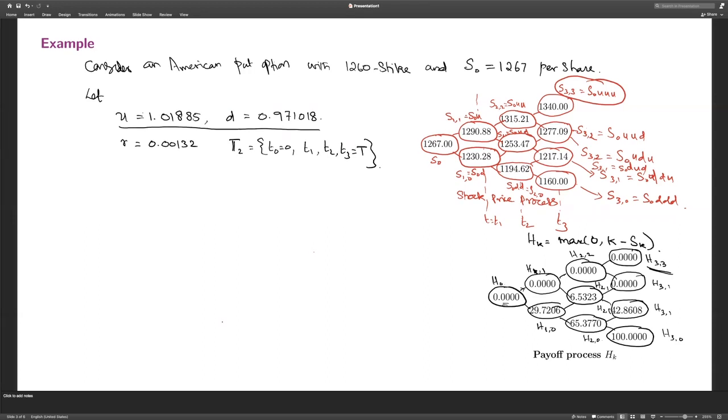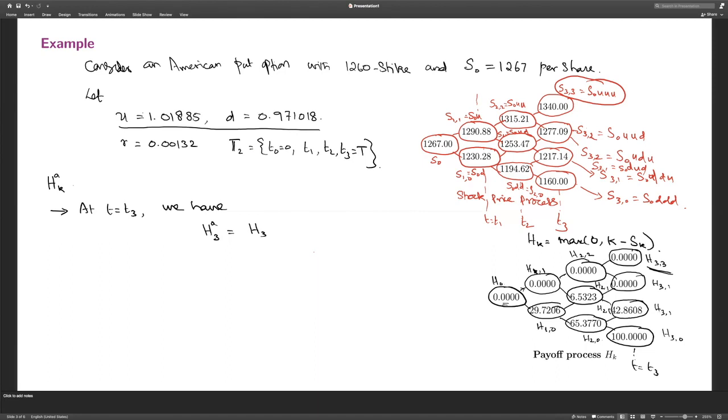Now let us see how to obtain HA. Our aim is to obtain the value or the price of the option HA at every time level, which is denoted by HAK. For this, recall that we have to first start with the time level t equal to T3. So at t equal to T3, we have HA3 is equal to H3.